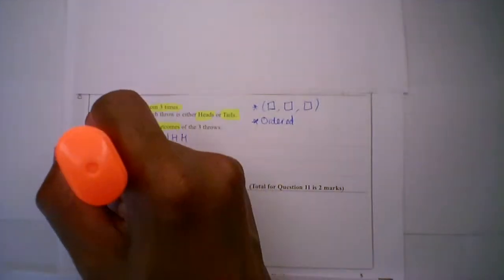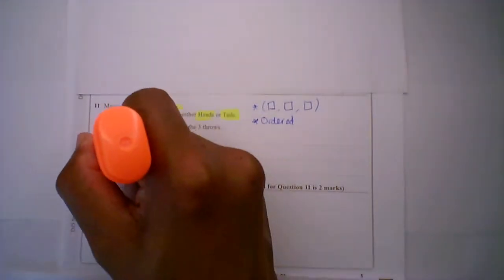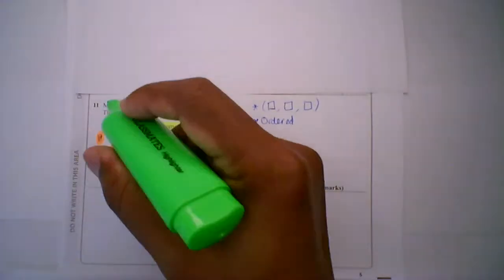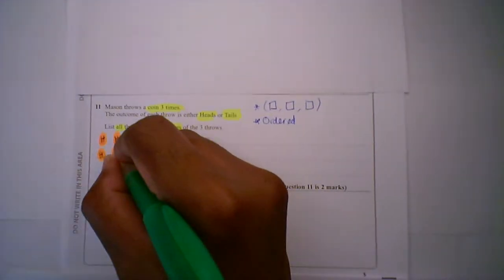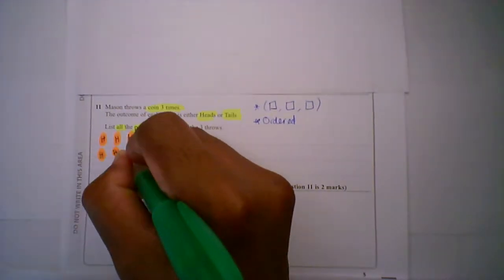So that's quite simple. I'm going to now keep it heads, but this time I'm going to change the last one to a tail. And so this is now head, head, and tails.